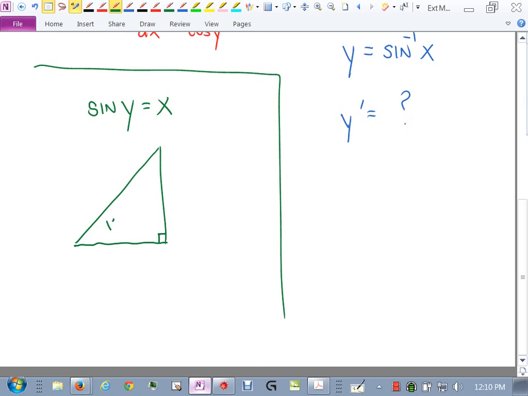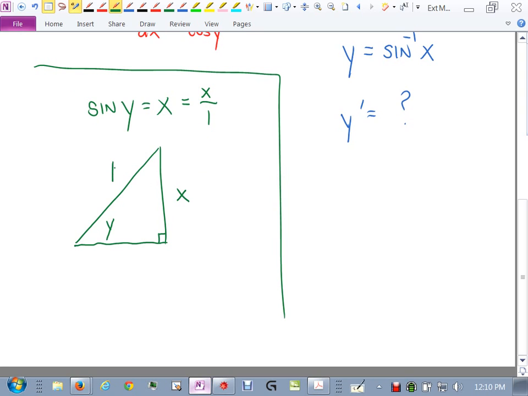If I call this angle y, then by definition, sine of y is which side over which side? Sine is opposite over hypotenuse. So shouldn't the opposite over hypotenuse be x? And x is the same as x over 1? So I could say the opposite side is x and this side is 1.